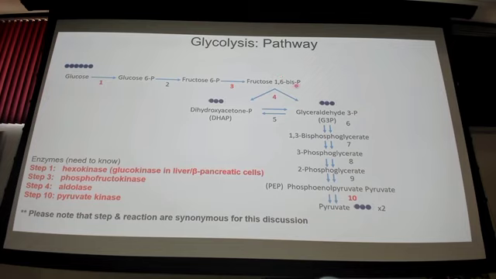This product is broken into 2 3-carbon molecules by aldolase, producing DHAP, or dihydroxyacetone phosphate, and G3P, glyceraldehyde 3-phosphate. And then finally, step 9 of glycolysis, phosphoenolpyruvate, or PEP, is converted to pyruvate by pyruvate kinase. This is also an allosteric enzyme.